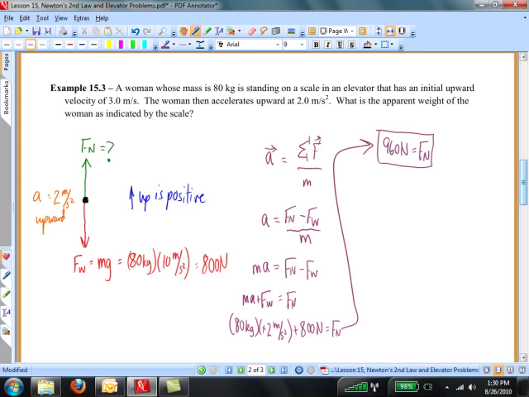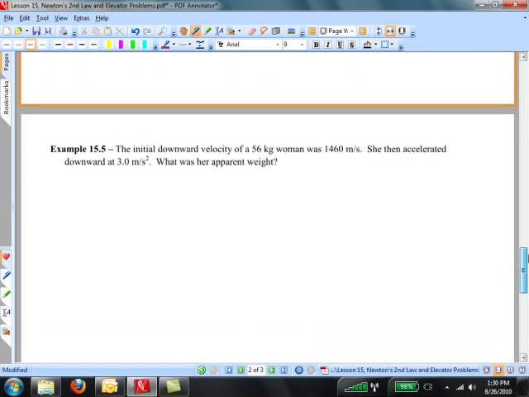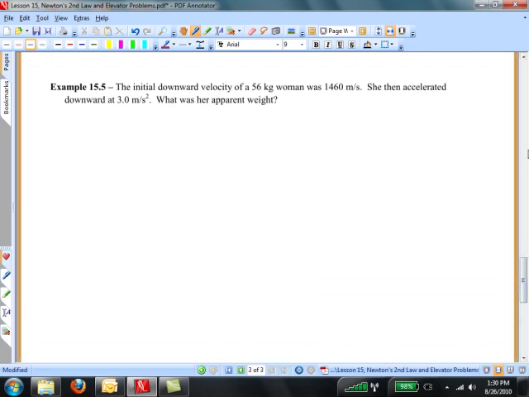Okay? So let's try something with an acceleration that's in the opposite direction. So let's go to another example. Example 15.5, which in your textbook is on page 111. The initial downward velocity of a 56 kilogram woman is 1460 meters per second.